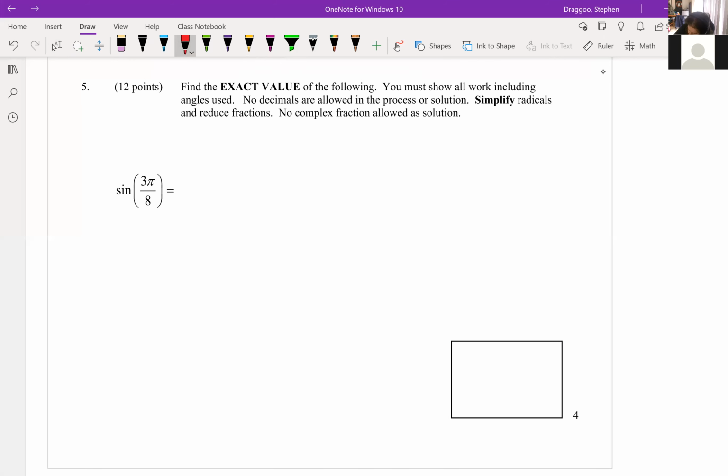Let's start by looking at 3 pi over 8, which should be in quadrant 2. And also note that 3 pi over 8 is the same thing as 1/2 times 3 pi over 4.